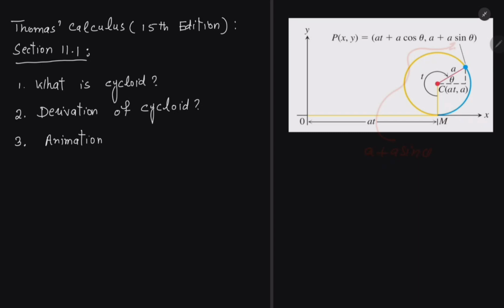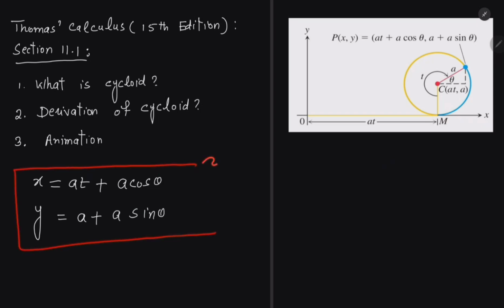So x will be equal to at plus a cos theta in parametric form, and y will be equal to a plus a sine theta. The problem with this equation is it contains two parameters. One is theta, another is t. And we have to remove one of the parameters from here.